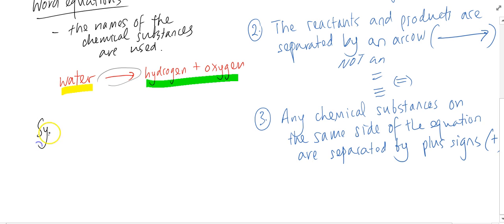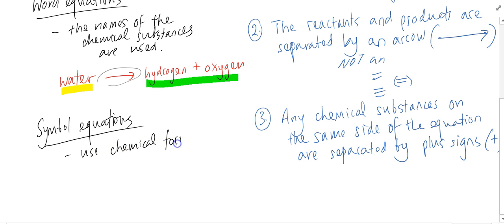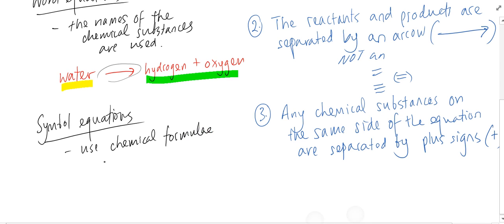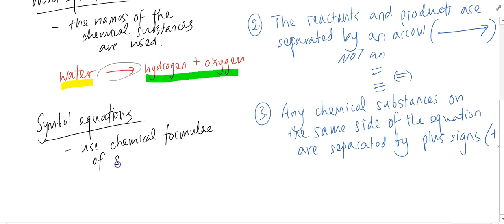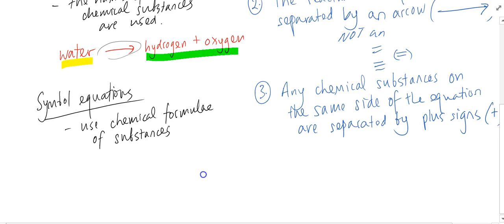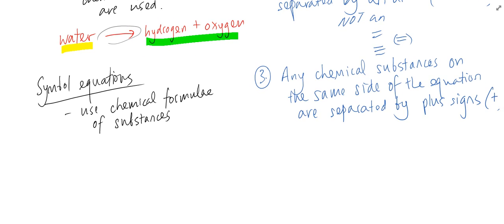What about the symbol equation? So we can represent reactions using symbols. Now, symbol equations use chemical formulae of substances. So with the water splitting reaction, the chemical formula for water is H2O.